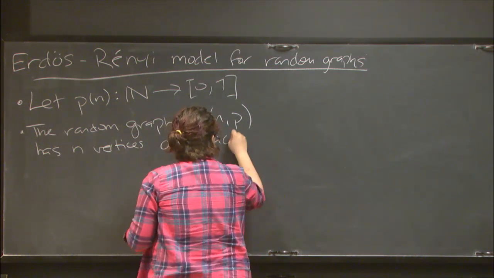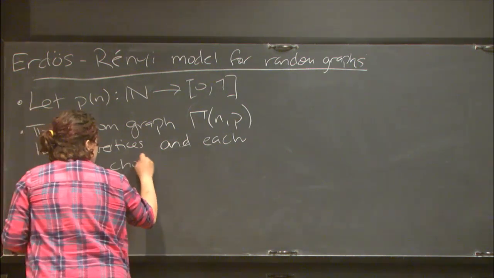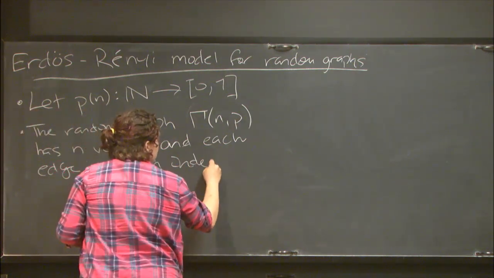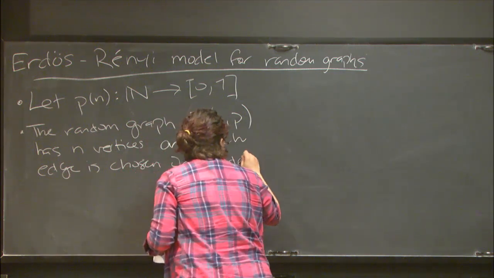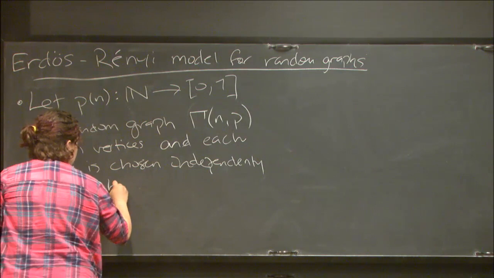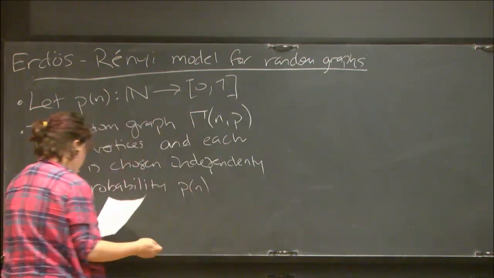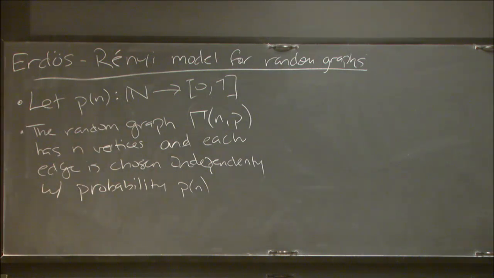And each edge is chosen independently with probability p of n. Okay, and then generally the idea is that we have this random graph on n vertices with a probability function that depends on the number of vertices, and then we look at what happens as we let n go to infinity.